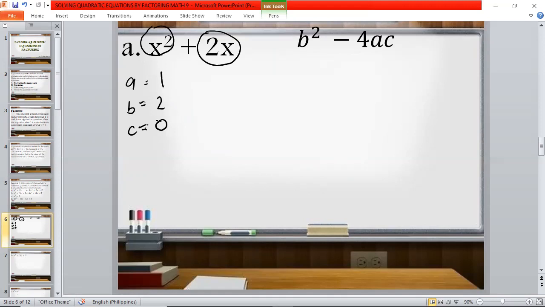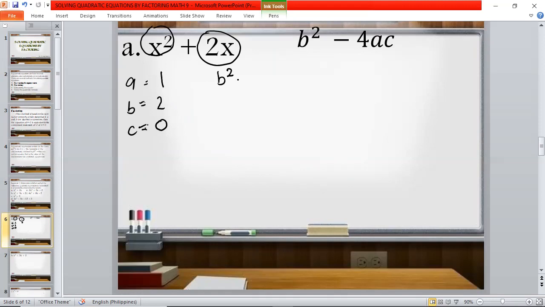Now that we all know the values of A, B, and C, we can substitute them to b squared minus 4ac. How are we going to substitute that value? First we need to write down the formula b squared minus 4ac here.